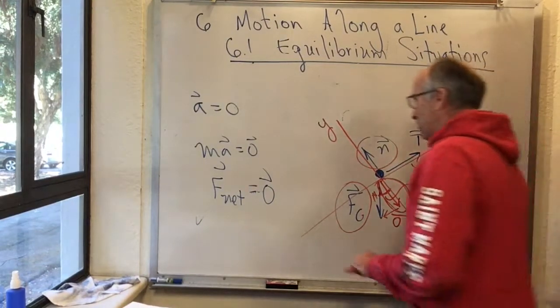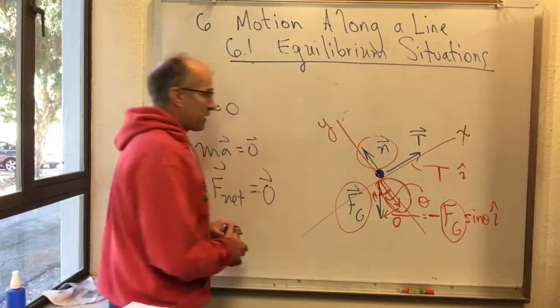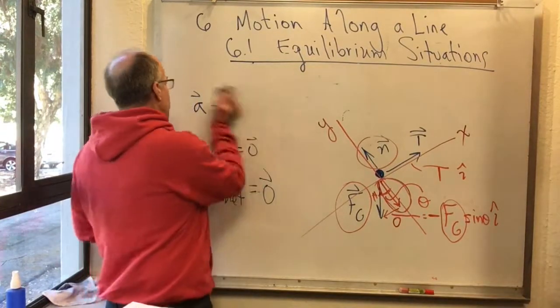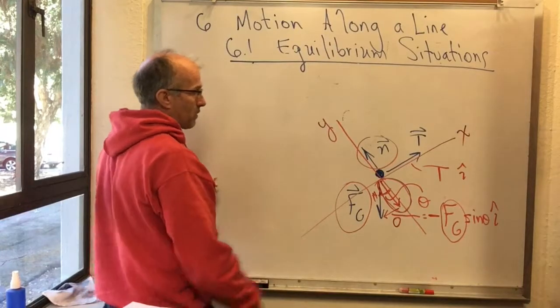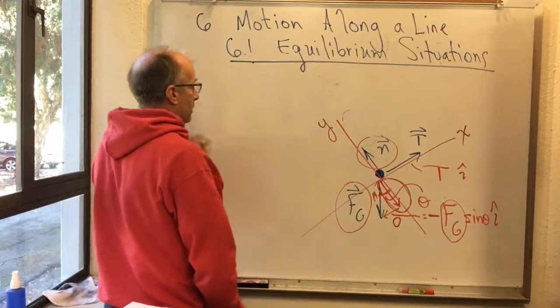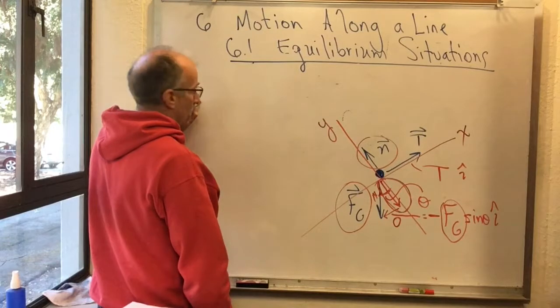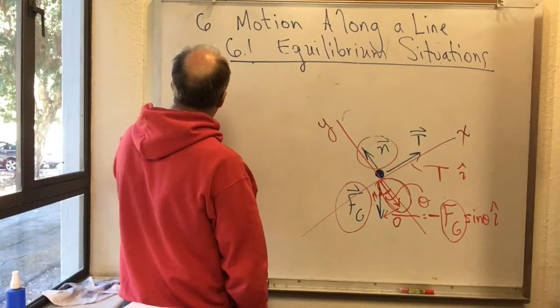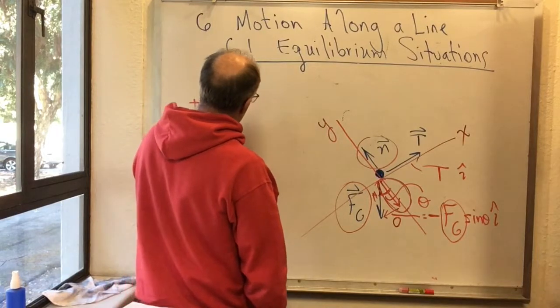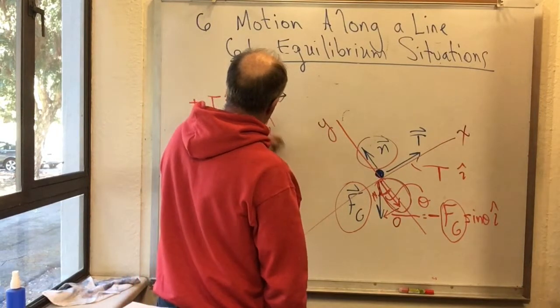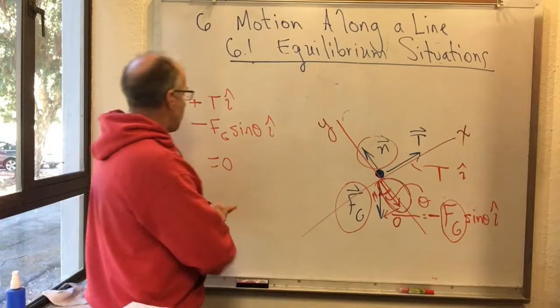Now we know that the sum of all the forces has to add up to 0. That means that the sum of all the x components has to add up to 0. So let's just do the x components here. That's plus t i hat minus F g sine theta i hat is equal to 0.